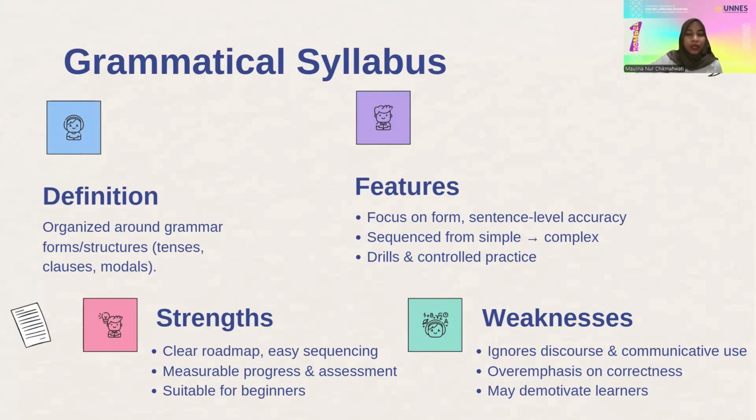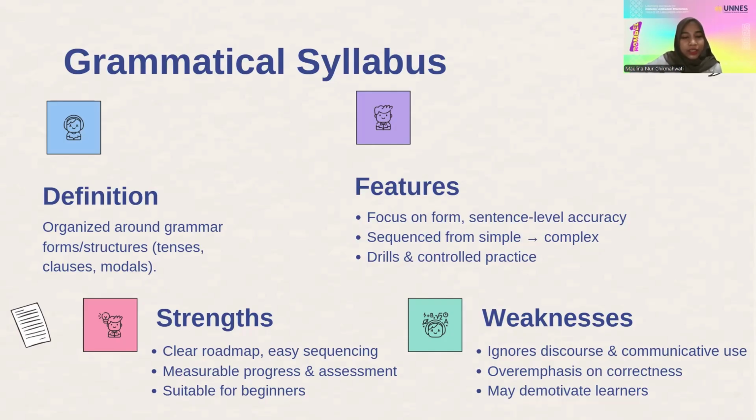For example, tenses, clauses, modals, etc. The key features of grammatical syllabus are a focus on forms and sentence level accuracy, like morphology and syntax. It also sequences from simple to complex, like in tenses, we have present simple, past simple, and then present perfect.